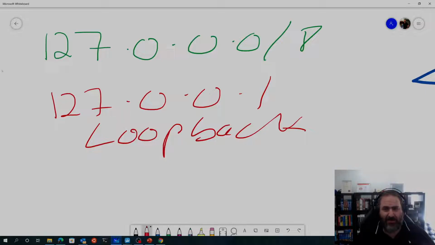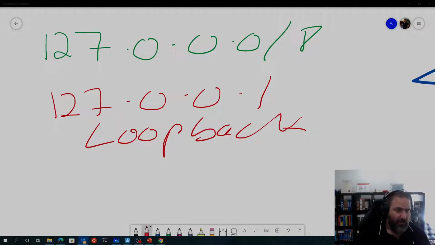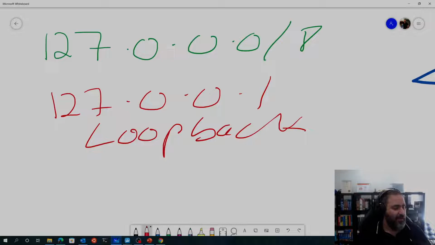Can I send it and then back to myself? Will that work? And if it does, that means my protocol is okay, my software is okay. Windows 10 is okay, Linux, Ubuntu is okay, Mac OS 10 is okay. Must be something wrong with my hardware or the network. That's loopback.